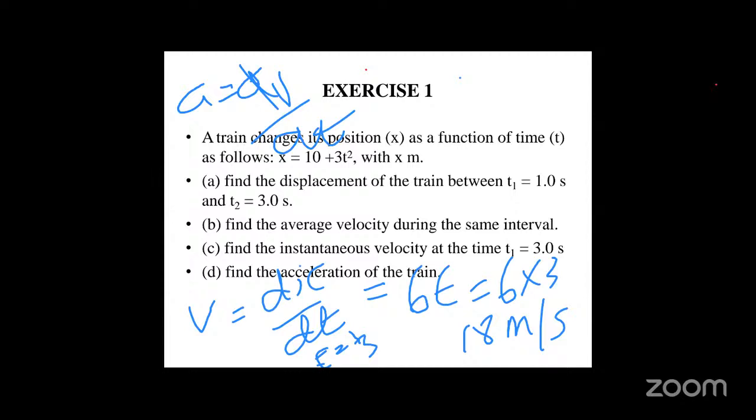So we differentiate V, which is 6t. V is equal to 6t. So if we differentiate it with respect to t, A becomes 6 meters per second squared. So that is our acceleration.